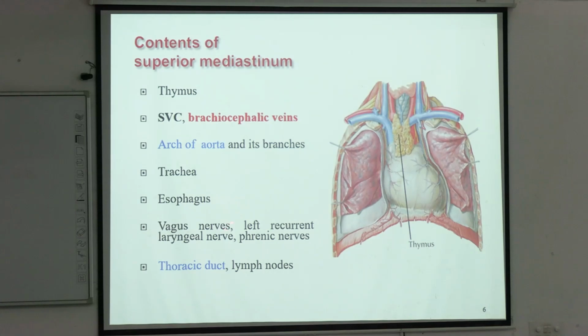A branch of the vagus is the left recurrent laryngeal nerve. They are contained in the superior mediastinum. Then we have a tube-like lymphatic channel, the thoracic duct, and lymph nodes related to it.